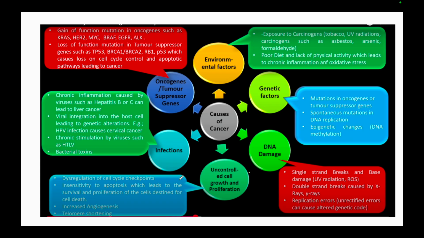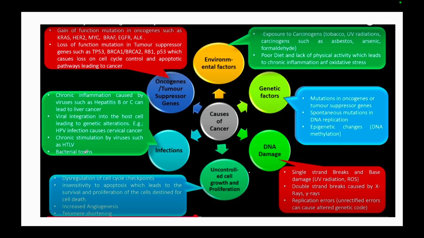Then different infections, like many viruses such as hepatitis B or C, can also lead to cancer. These viruses integrate their genome into the host cell and genetically alter our genome at specific regions, which can lead to cancer.